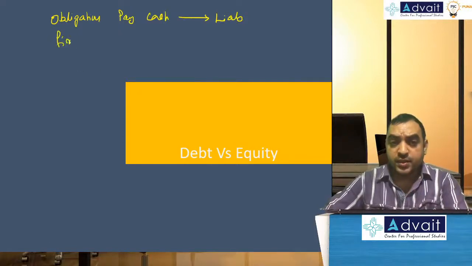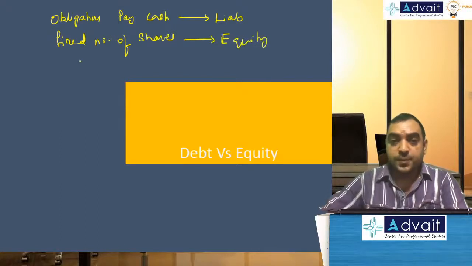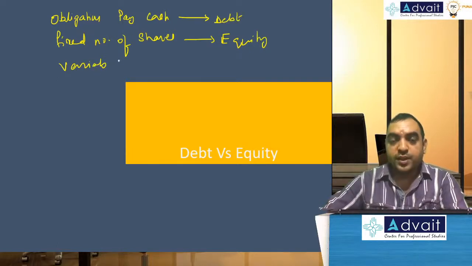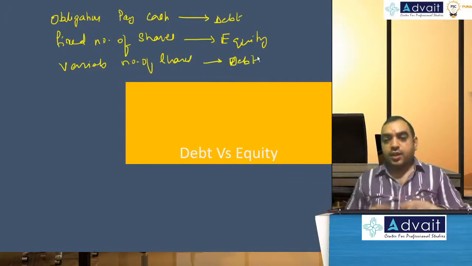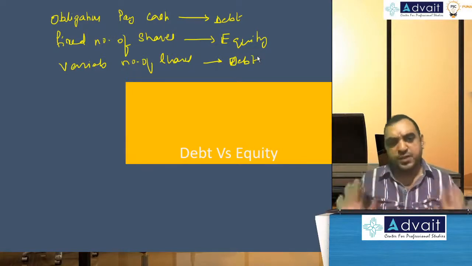Then you check whether it is a fixed number of shares. If it is a fixed number of shares, it is in the nature of equity. Variable number of shares, you call it as debt. There are a lot of other points concerned, but for exam purpose, for revision purpose, this much is sufficient.